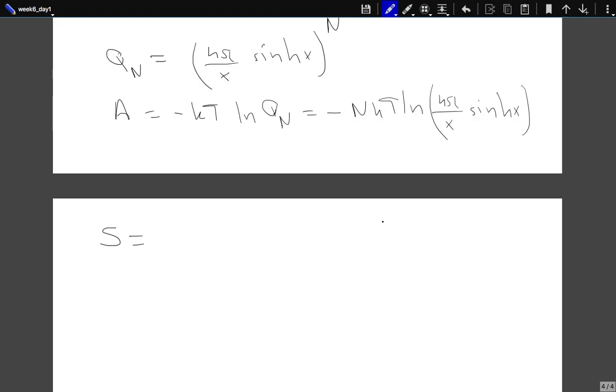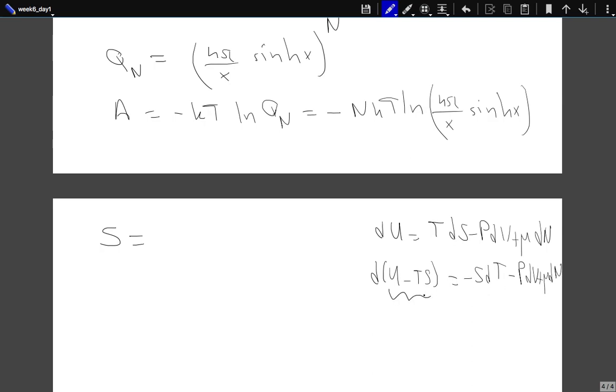Well, always keep in mind these thermodynamic relationships. The dU is equal to TdS minus PdV plus mu dN. The dA, U minus TS, is minus SdT minus PdV plus mu dN. A is U minus TS, what we call the Helmholtz free energy.